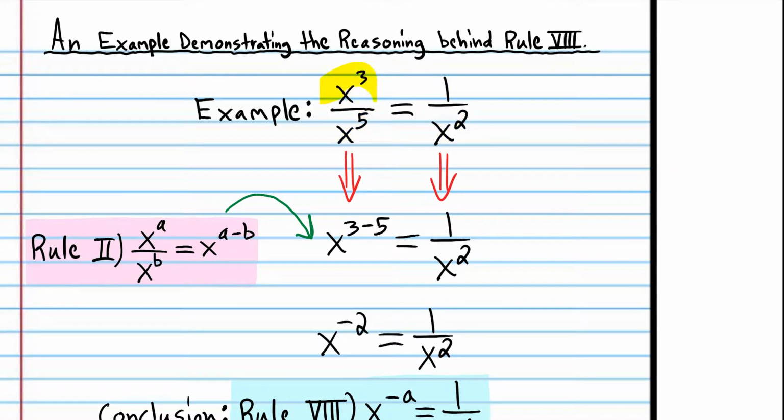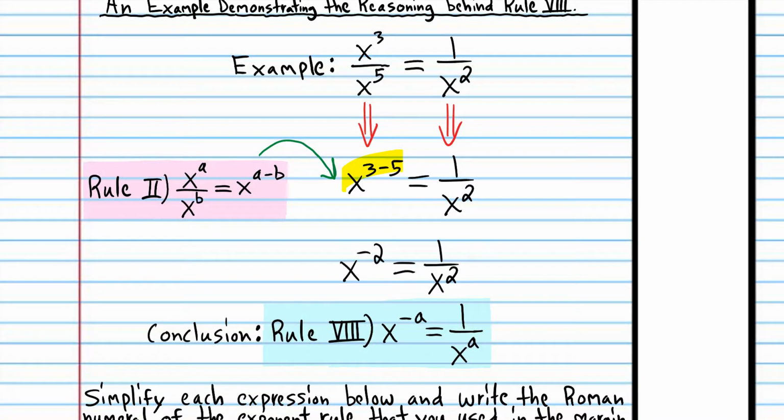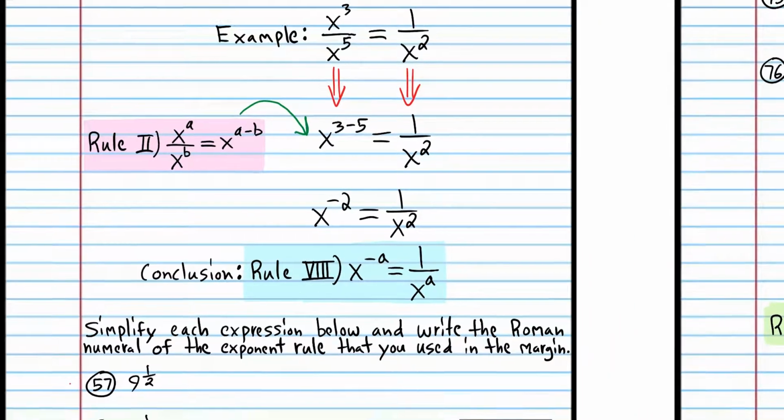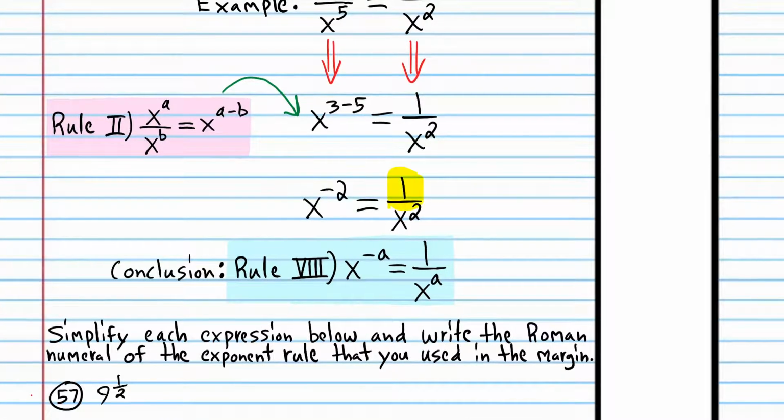If we change this expression to x to the 3 minus 5, we know, again, that still must be equal to 1 over x squared. And we know that x to the 3 minus 5 must be x to the negative 2 power, which also must be equal to 1 over x squared. And there you go. X to the negative 2 power must be 1 over x to the 2nd power. So whenever you have a negative exponent, you just convert it to 1 over x squared.